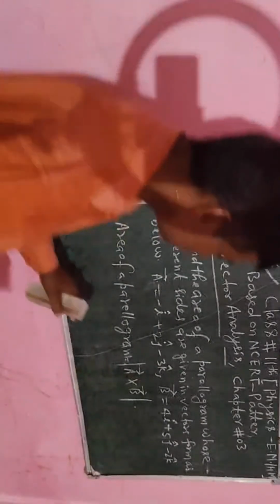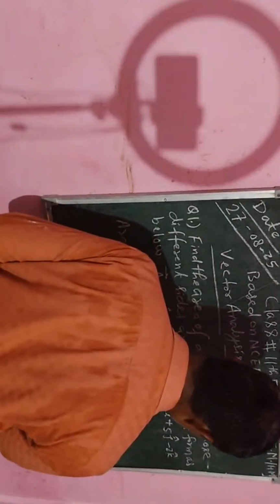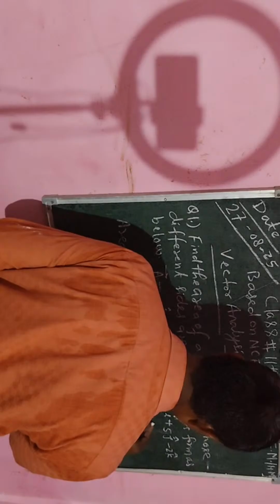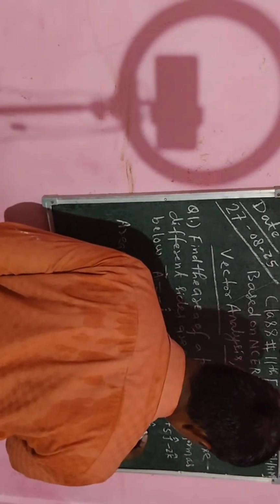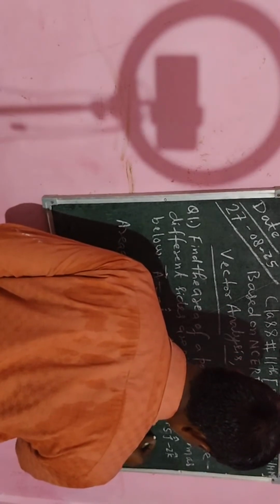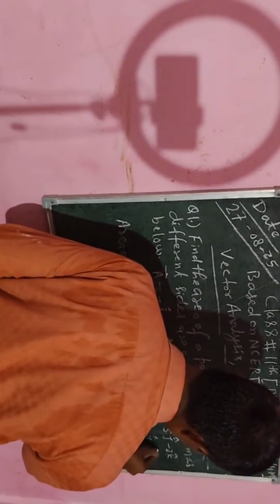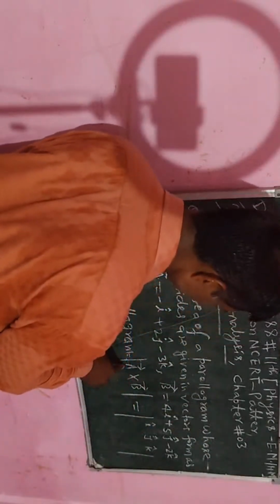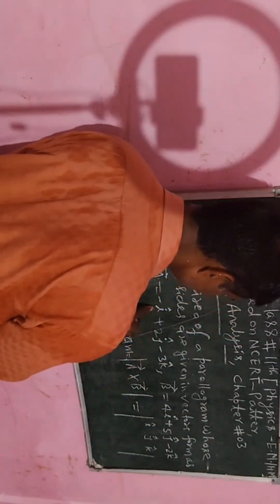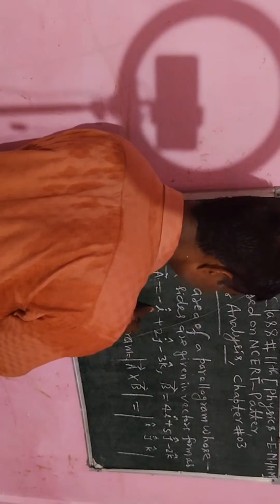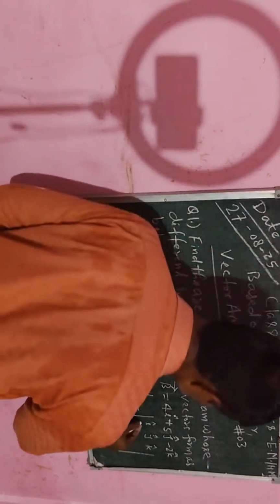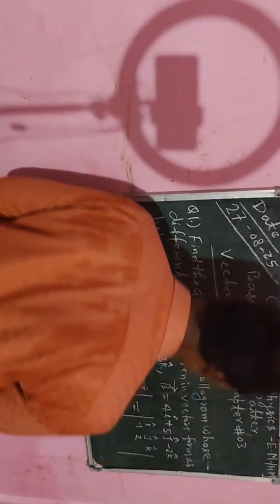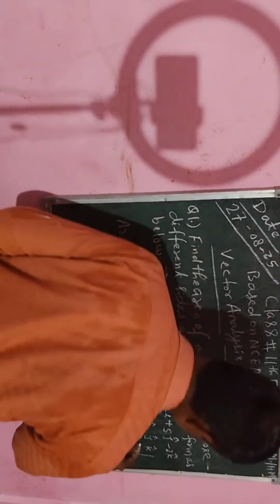Okay students, so first I am going to write it. In the modulus sign I write vector i cap, vector j cap, and vector k cap. Then we have to write the coefficients of vector A: the coefficient of vector i is -1, the coefficient of vector j is 2, and the coefficient of vector k is -3.